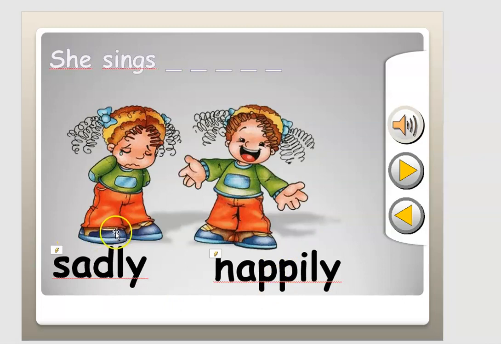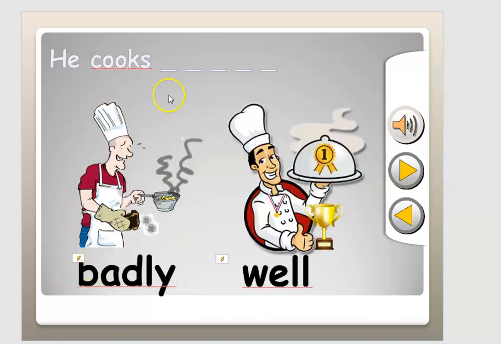If we go to the next one, she sings either sadly or happily. So what we did, sadly, and here happy is happy, but we replaced y with ily. Now next one is he cooks badly, or he cooks well.